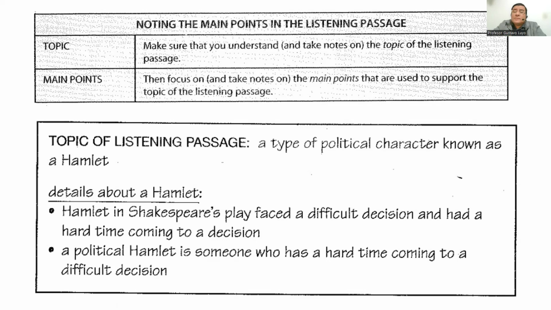And what he mentioned about this character is that, like in Shakespeare's play, Hamlet faced a difficult situation and had a hard time coming to a decision. So a political Hamlet is someone who has a hard time coming to a difficult decision, right? That's what they mention about a Hamlet.